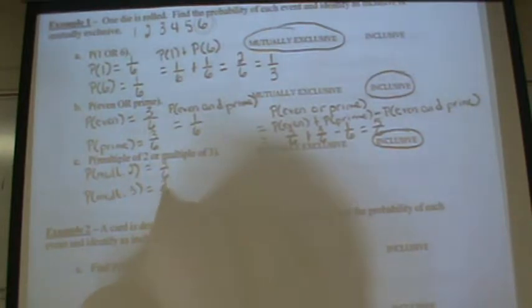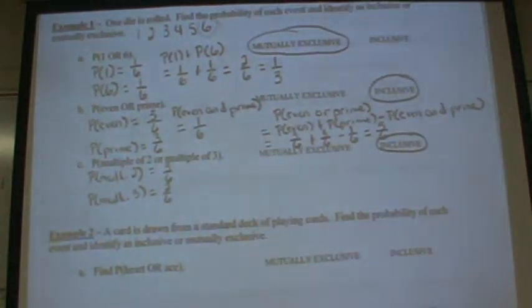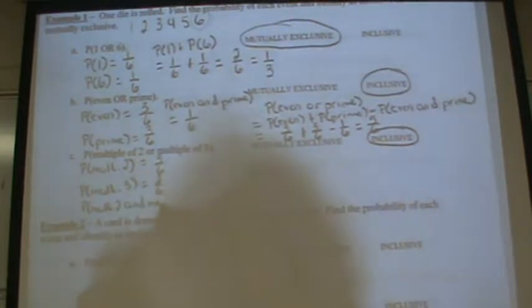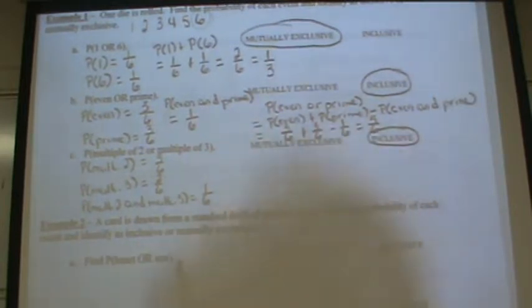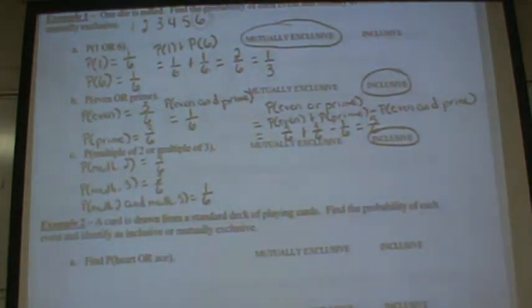So we have a 2 out of 6 chance of getting a multiple of 3. And then again, because we said that it was inclusive, we have to find the probability of getting a multiple of 2 and a multiple of 3. And like I said, 6 is a multiple of both. So you have a 1 in 6 chance of getting a multiple of both.